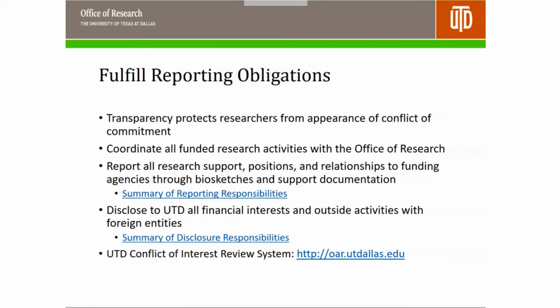That's included in support documentation, the positions that relate to that kind of support are included in biosketches, and researchers are fully disclosing financial interests to the university.